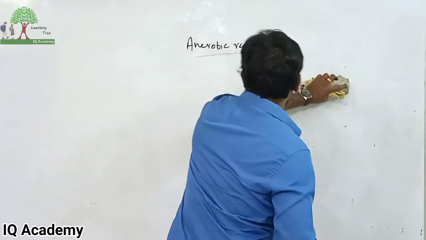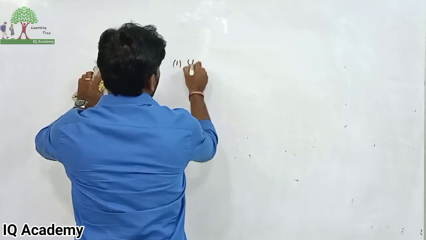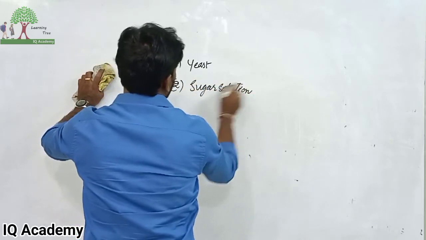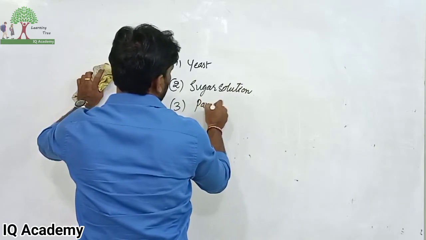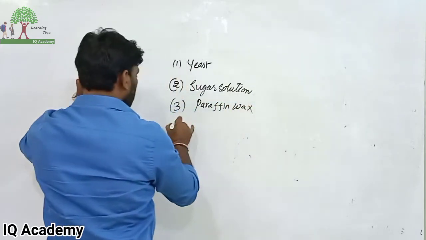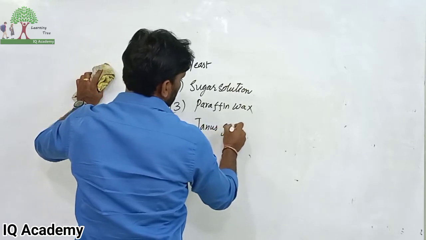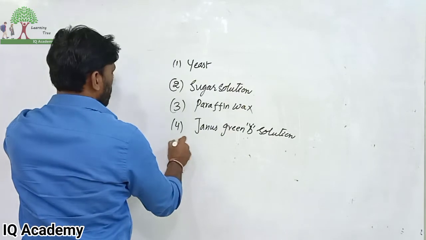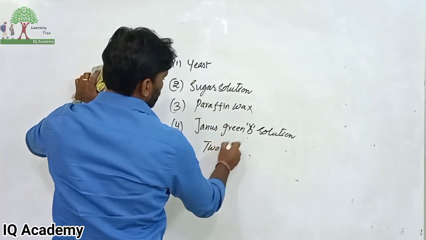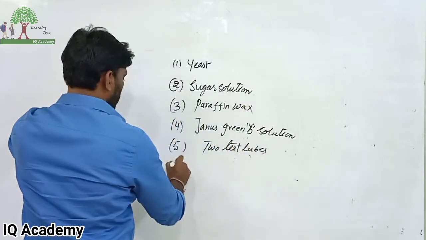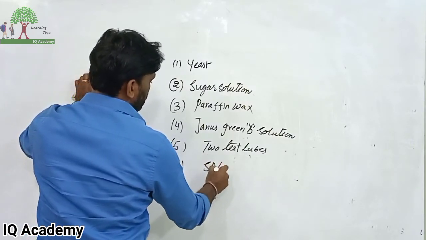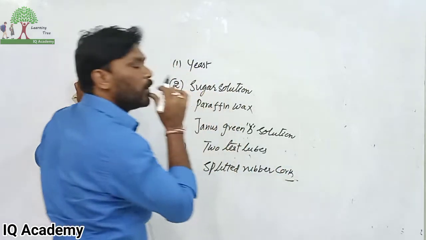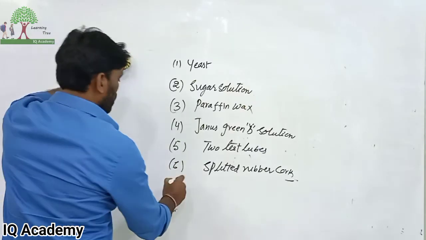For this, what apparatus is needed? Yeast to take, sugar solution, paraffin wax, Janus green B solution, next, two test tubes, a one-hole rubber cork, a split rubber cork, and lime water.